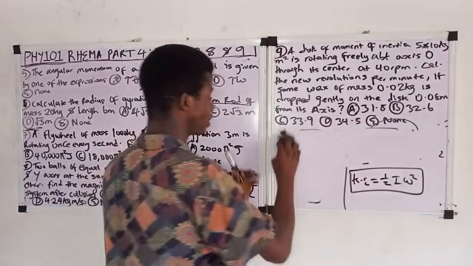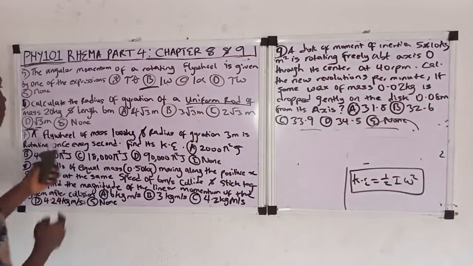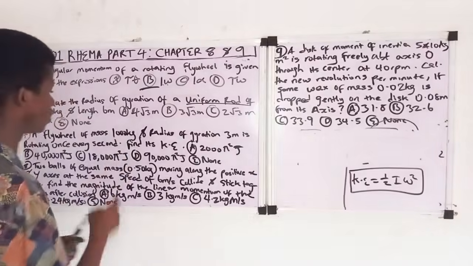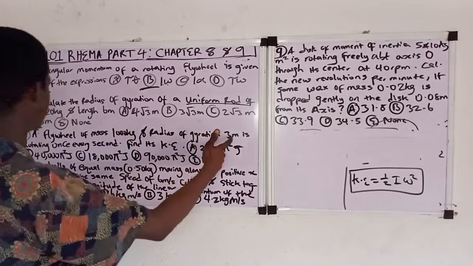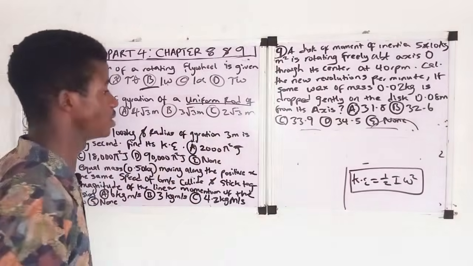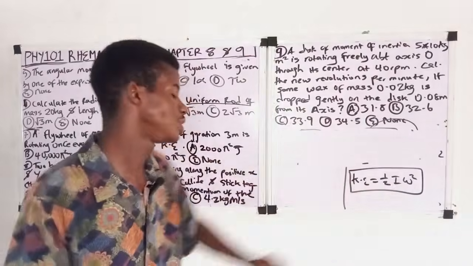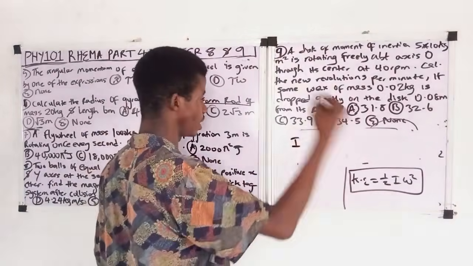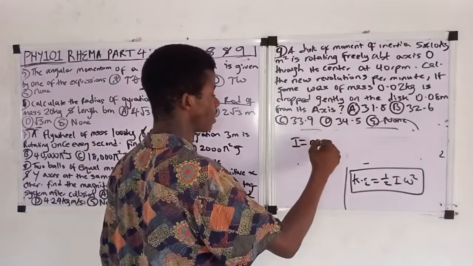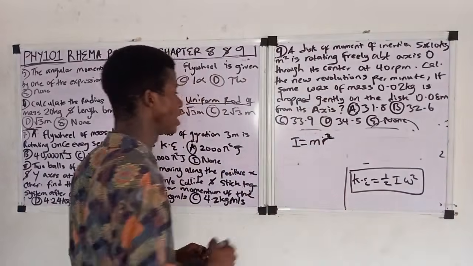Now we all know that moment of inertia... let's continue. Before then, the question said a flywheel of mass 1000 kg and radius of gyration 3 meters is rotating once every second. Find kinetic energy. So now, what is moment of inertia? In general, the moment of inertia is equal to the mass of the body times the square of the radius, right? Yes.